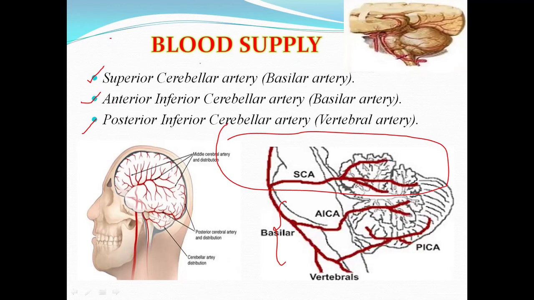An important point is that the superior and anterior inferior cerebellar arteries are branches of the basilar artery, but the vertebral artery gives, as we studied during spinal cord, the anterior spinal artery and posterior spinal artery. Also note that the posterior inferior cerebellar artery is a branch of the vertebral artery and in turn supplies the lower portion of the cerebellum.